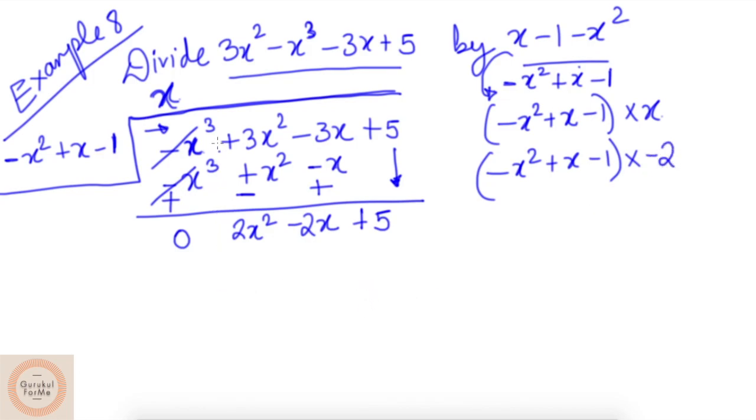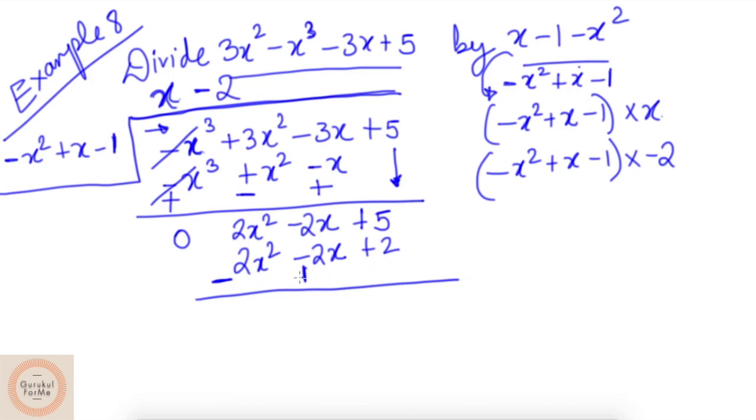Why would that be? Because the moment we multiply with minus 2, can I get this as 2x square minus 2x plus 2? Let's subtract. Now this becomes minus, this becomes plus, and this becomes minus, because I am subtracting both of them.